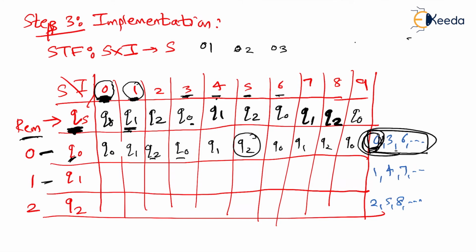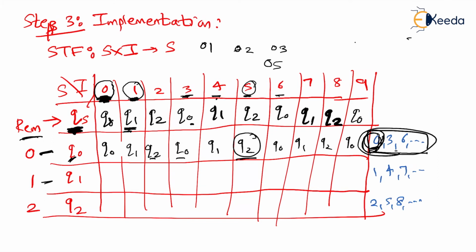For this cell, I am in state Q0, that means I have a number like 0 with me, and what came to me was 5. 5 when divided by 3 gives remainder 2. Remainder 2 means I have to go to state Q2, that's exactly what we have. Similarly, you can verify all the values I have just filled in, and they are of course going to be the same.